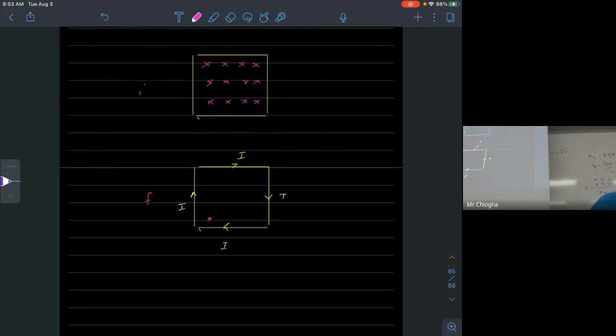Let's just look at the bottom. That's what we're interested in, the inside of the loop, not the outside. On the outside, it gets confusing. On the outside, it actually would be coming out of the page. The coil's around. But we're interested in this portion here. You want to get back to this as much as possible. That's what nature tries to preserve.